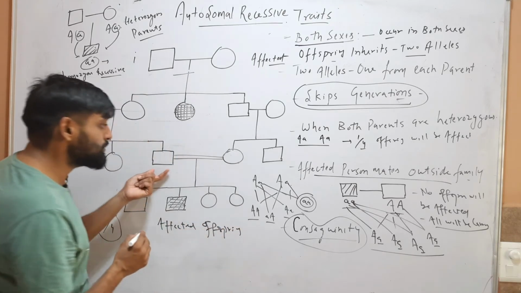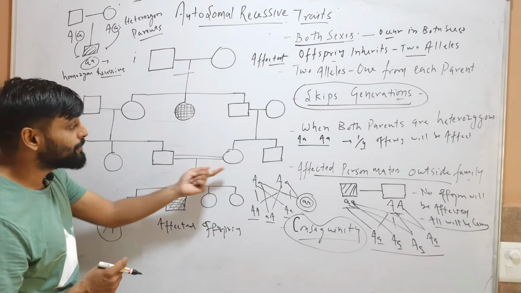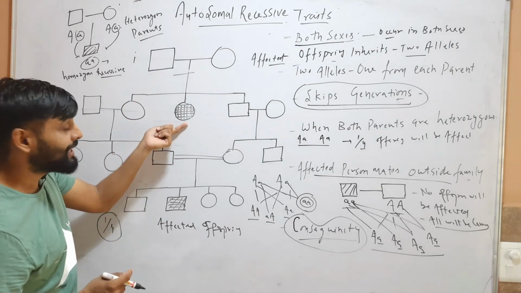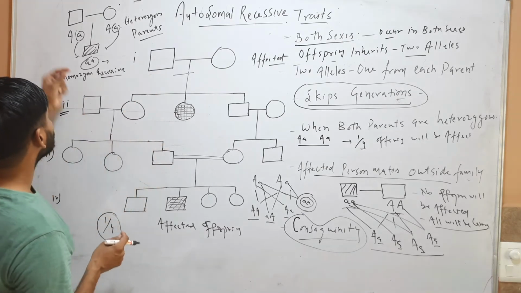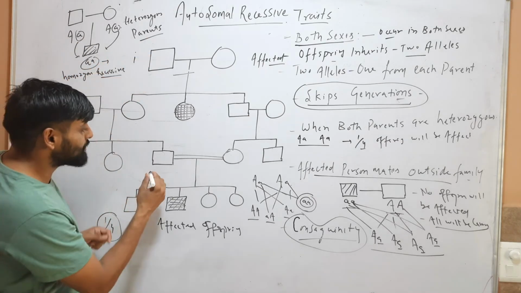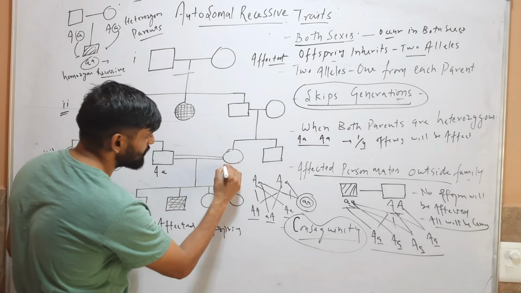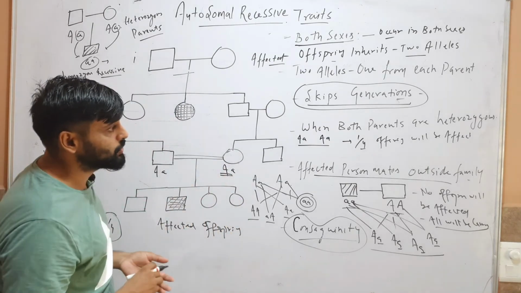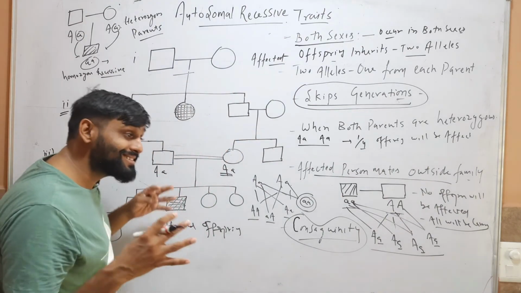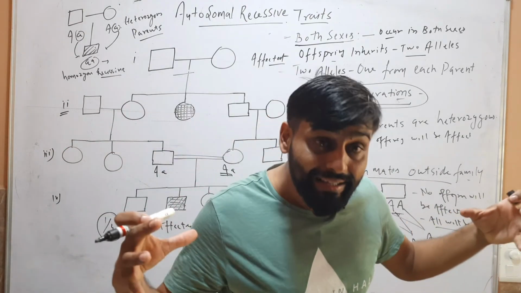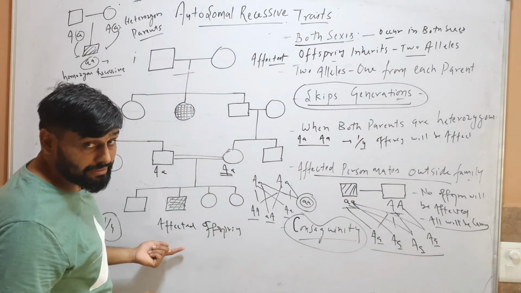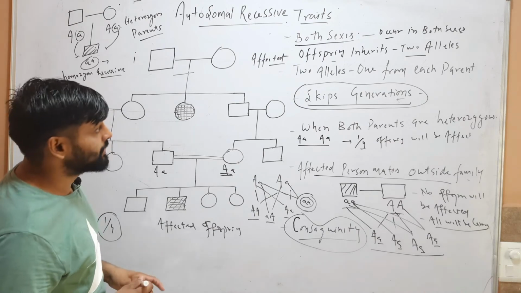Why? Here both are unaffected because they come from the same family, and this family history shows that the allele is running in this family. So there is a greater chance that both will be heterozygous. When both are heterozygous, we know that 1/4 of offspring will be affected. So in case of consanguinity, or mating with a related person, there is a greater chance that their offspring will be affected.